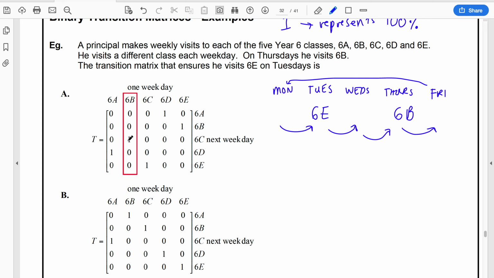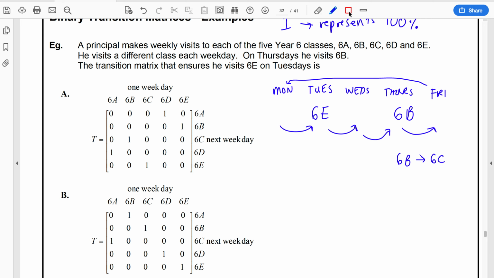So which class will he see the very next day? Looking down here, we'll see that the 1 is for 6C. So for this one, he goes 6B to 6C. So on Thursday and then Friday, 6C.